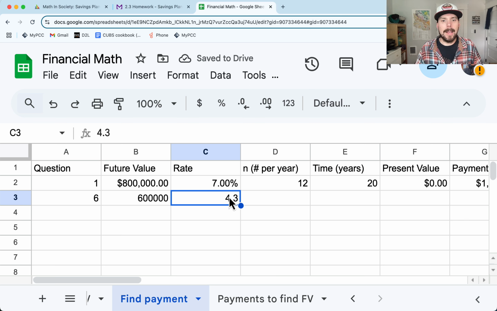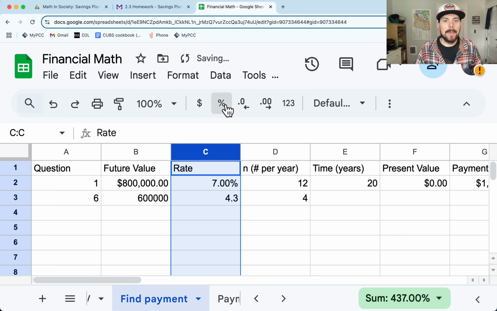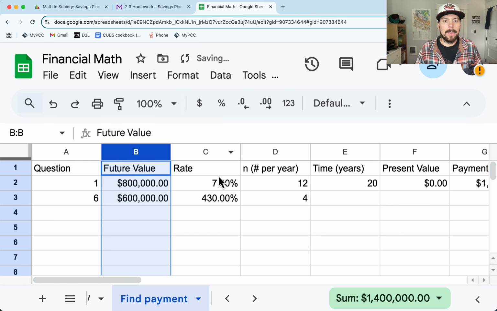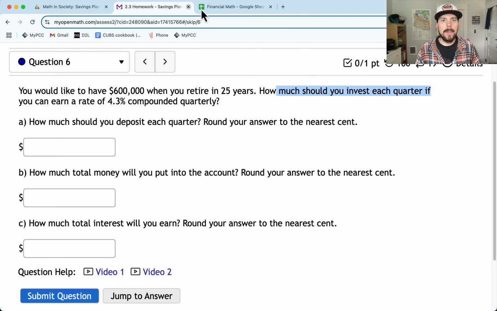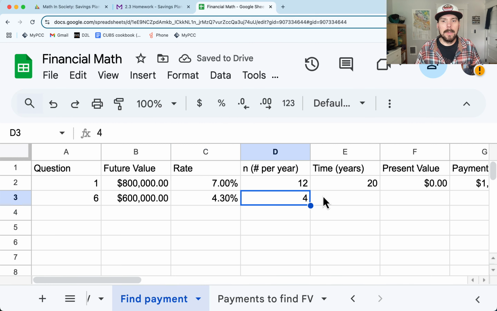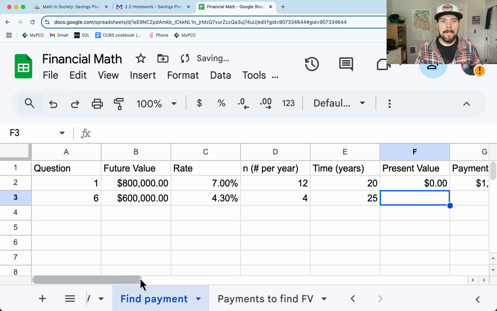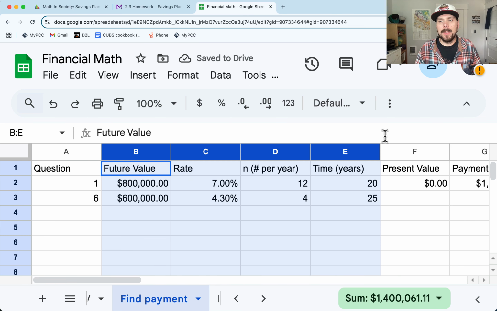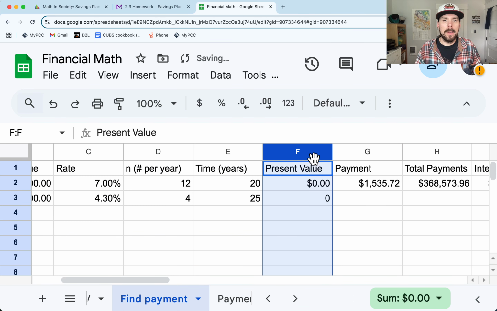And just like on the last problem, I didn't get that percentage to work. I didn't get that dollar amount to work. So you may have to fill down that formatting or reformat those. Now those were all my inputs there. I think I did have a present value of 0 on this one just like before. I can double check.